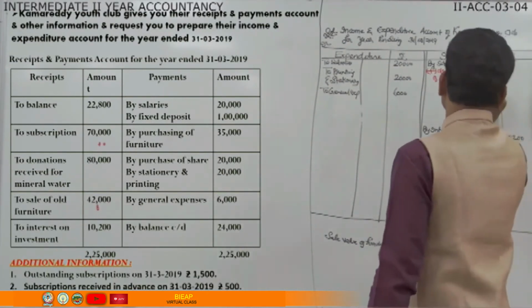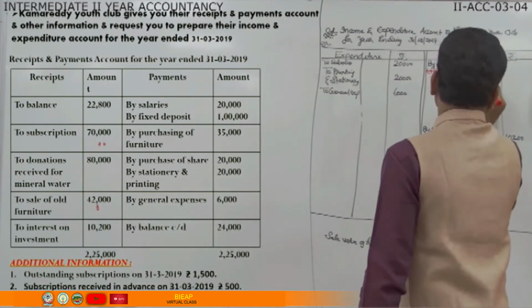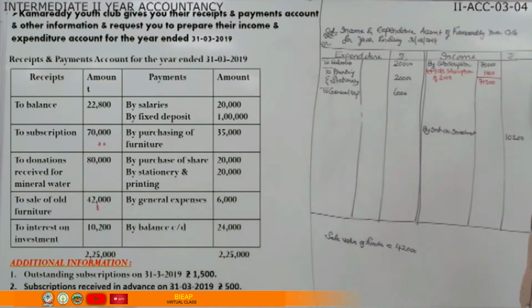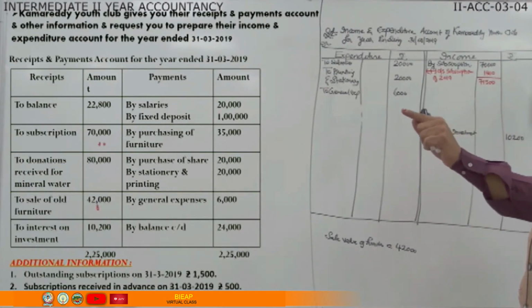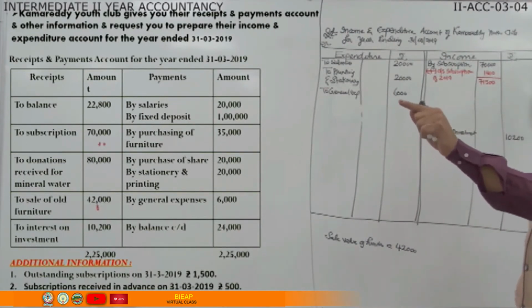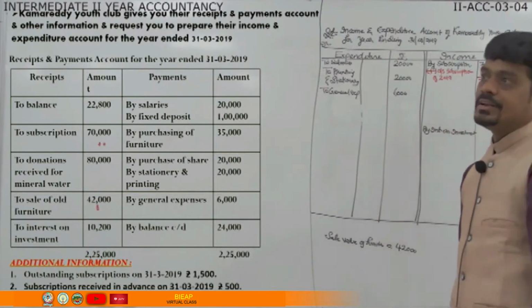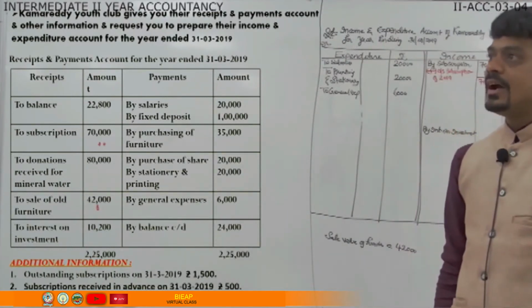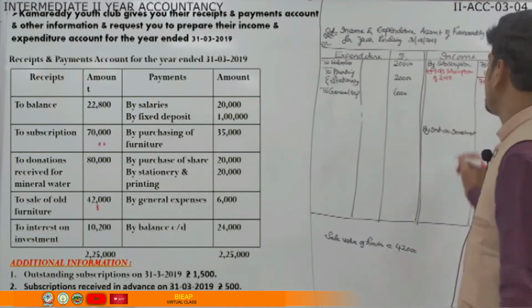So immediately I'll draw the line and take the total, 71,500. Now I'll come to the second adjustment. What are they telling? Subscription received in advance on 31st March 2019. Which year? Current year. Current year received in advance should be subtracted.